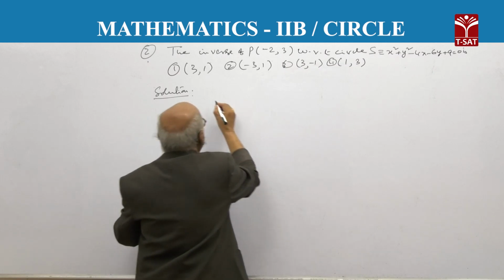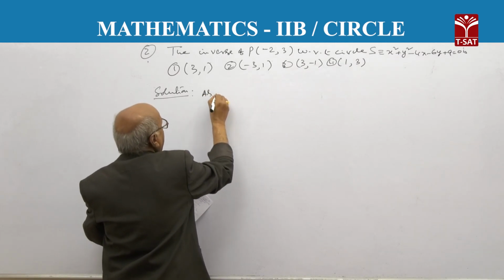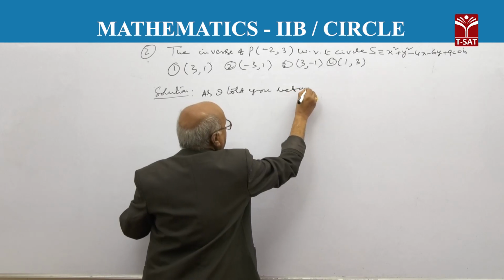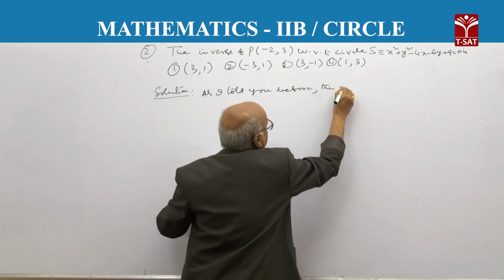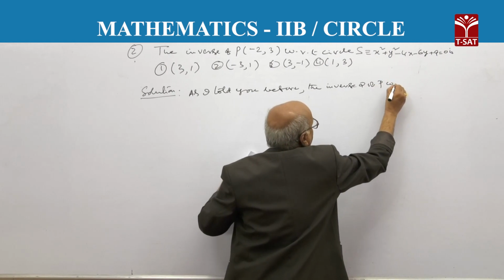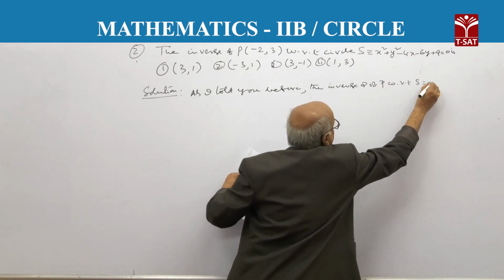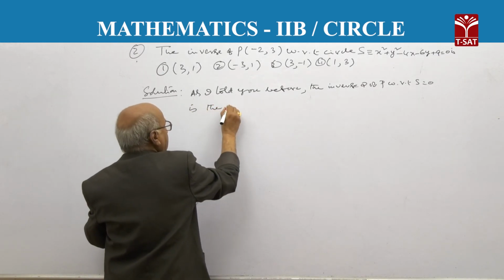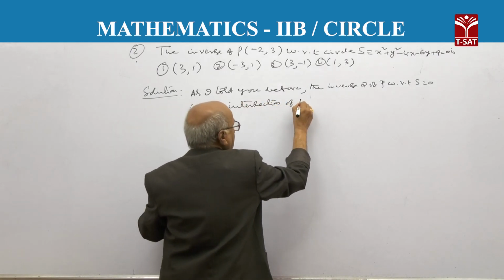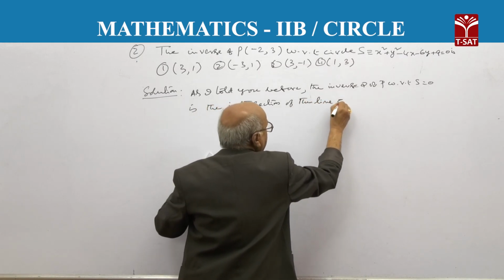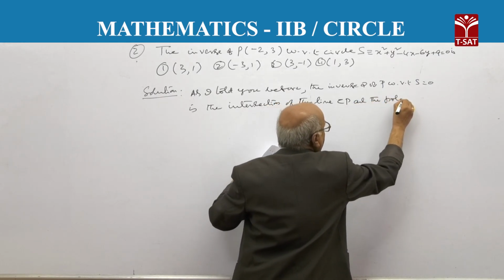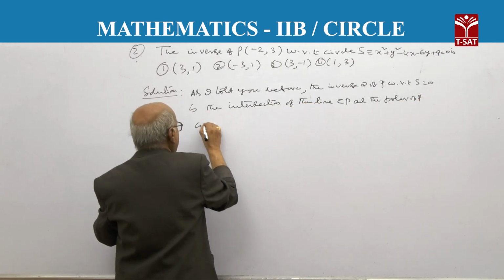The solution, as I told you before, the inverse Q of P with respect to S = 0 is the intersection of the line CP and the polar of P, where C is the center.